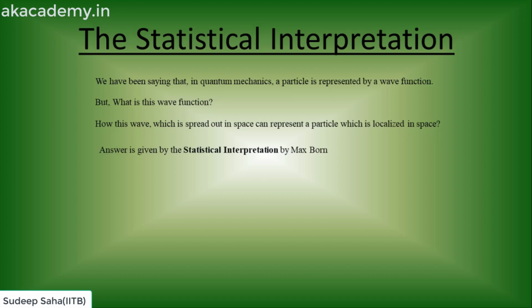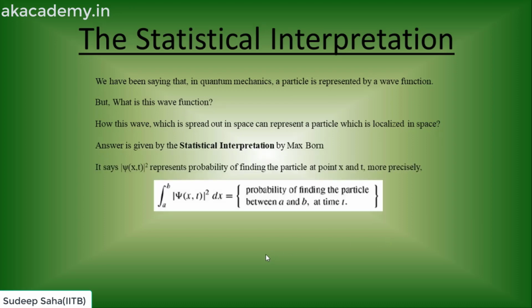The answer is given by the statistical interpretation by Max Born, which says that psi star psi represents the probability of finding a particle at position x and time t. More precisely, the integral from a to b of psi star psi, that is |psi|^2 dx, is the probability of finding a particle between a and b.